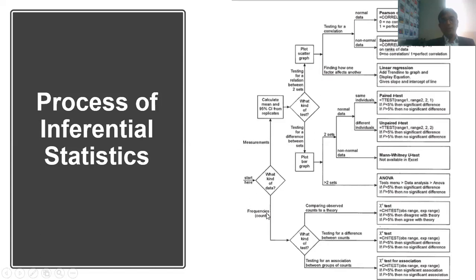If it is only frequency, then what is our objective? What kind of test do we want to apply? Whether we want to compare the observed count with the theoretical count, then we can go for the chi-square test. Whether we want to test the difference between the counts, again we can go for a chi-square test. If we want to test the association between groups of counts, then again we can go for the chi-square test.